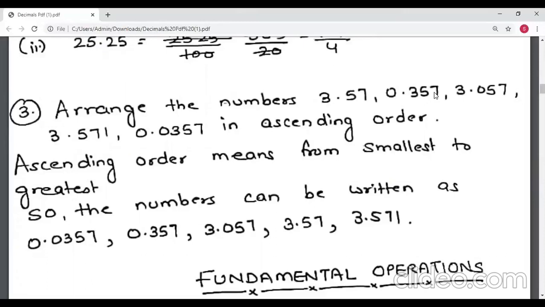So the numbers in ascending order can be written as 0.0357, 0.357, 3.057, 3.57, 3.571. Here the smallest number is 0.0357 and the biggest number is 3.571.